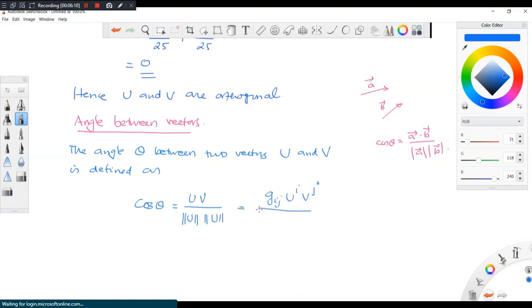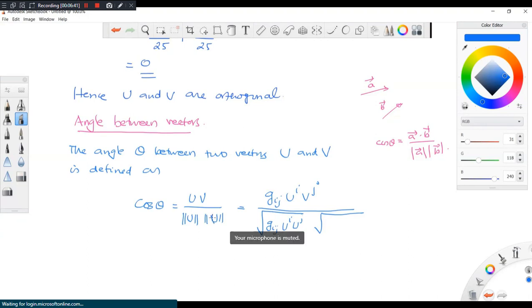How do you define the norm of this? Norm of this is g_ij u^i u^j. The norm of V will come in the divided by part of the formula.